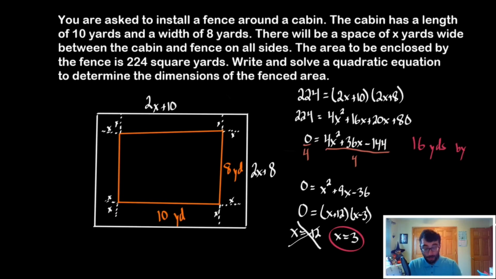And if I added 3 on each side of the width, which used to be 8 yards, it would end up being 14 yards. So the dimensions of this fence are now 16 yards by 14 yards wide. And that's just a simple application. This is a very common one. Let's go ahead and take a look at a new problem.